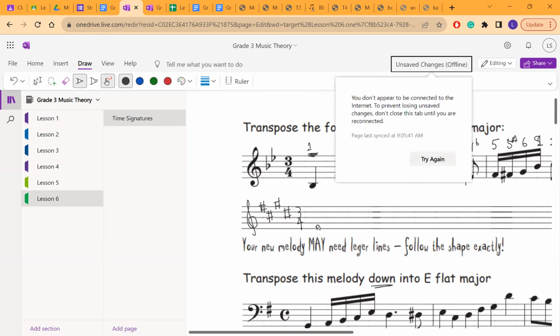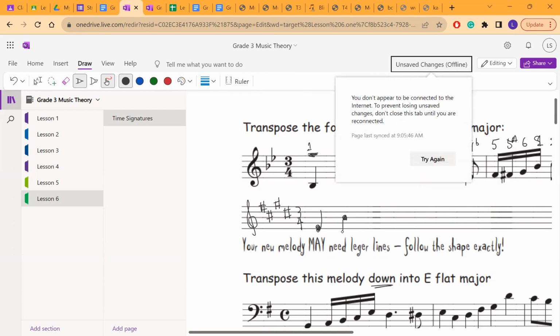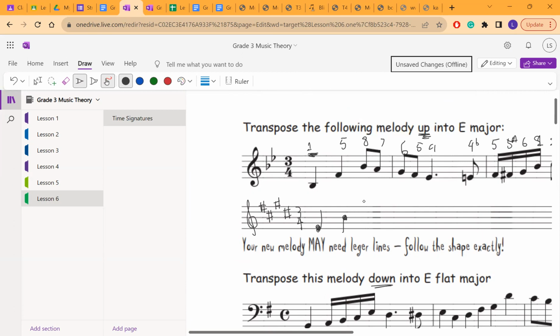transpose all of them into its respective scale degrees in E major. We need to keep all of the note durations themselves the same.